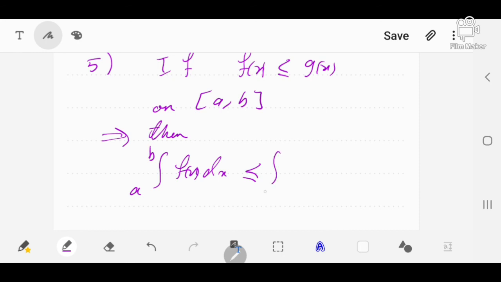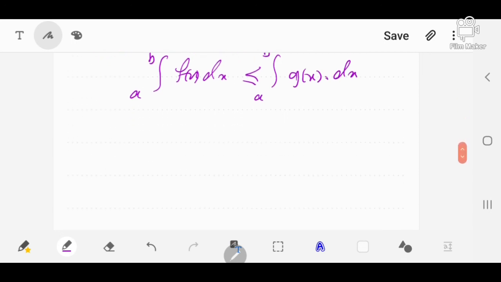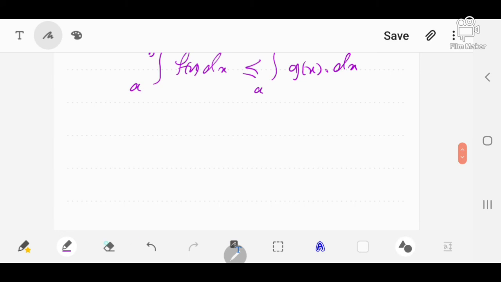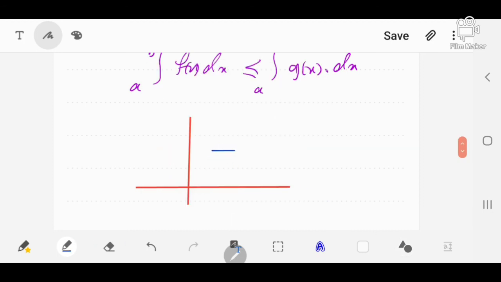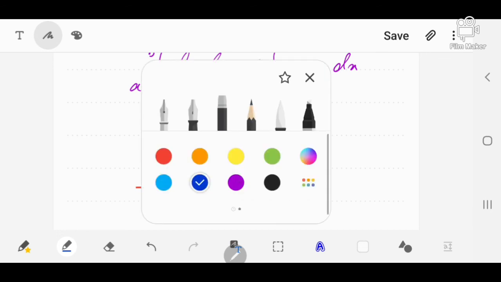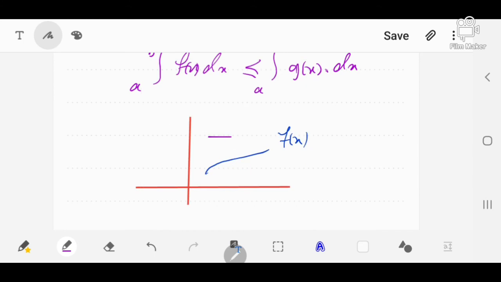What does that mean? If you have two functions, one of them is f, and the other one is g, for example, and you are looking for the area between A and B, this means this is the area that I'm talking about.